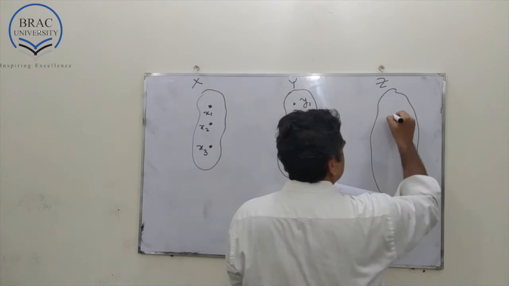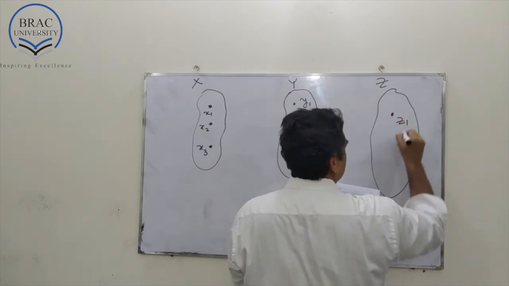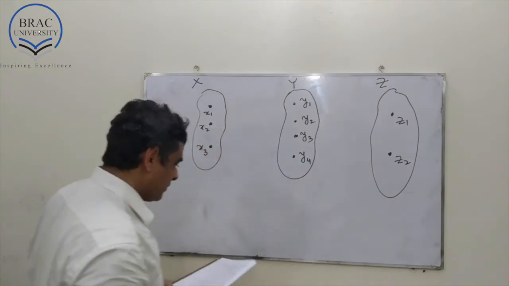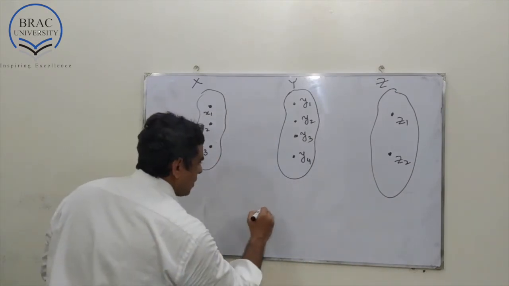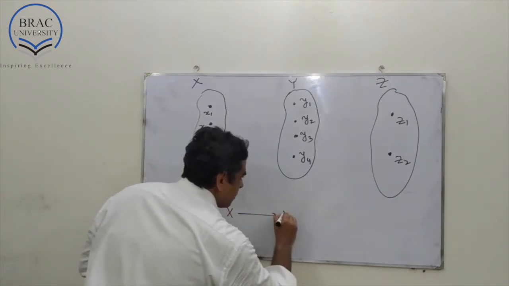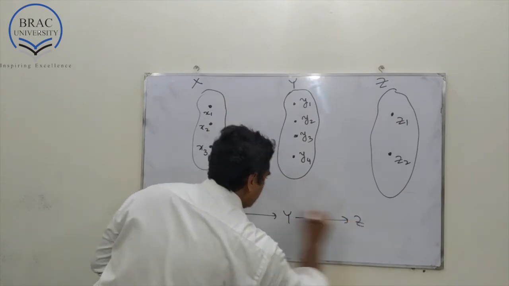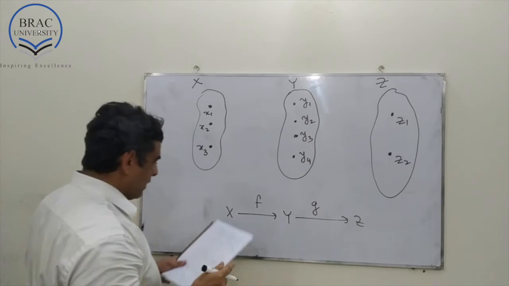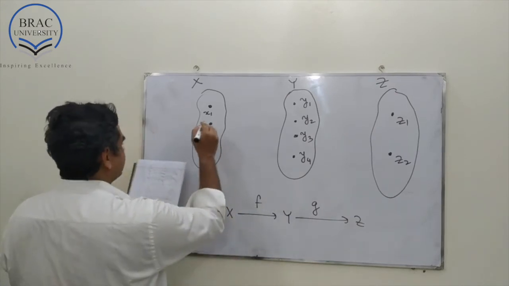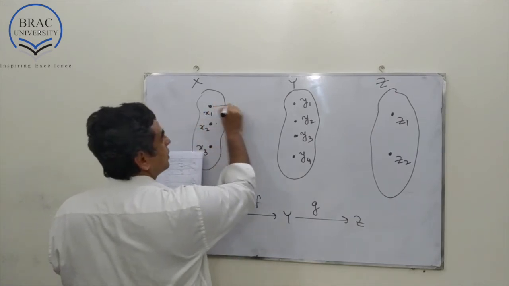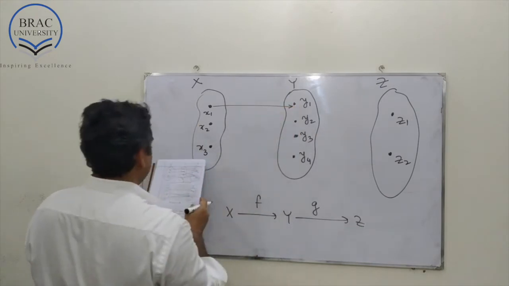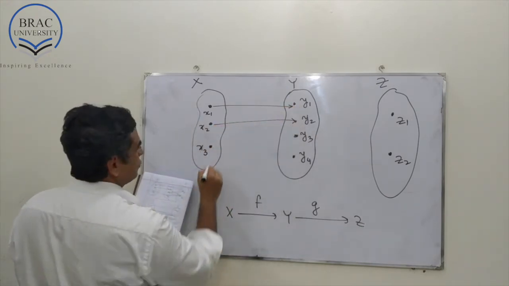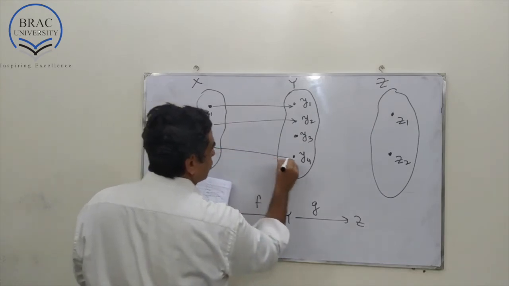And set Z consists of two elements: Z1, Z2. The function f is given by this assignment: X1 is mapped to Y1, X2 is mapped to Y2, and X3 is mapped to Y4.